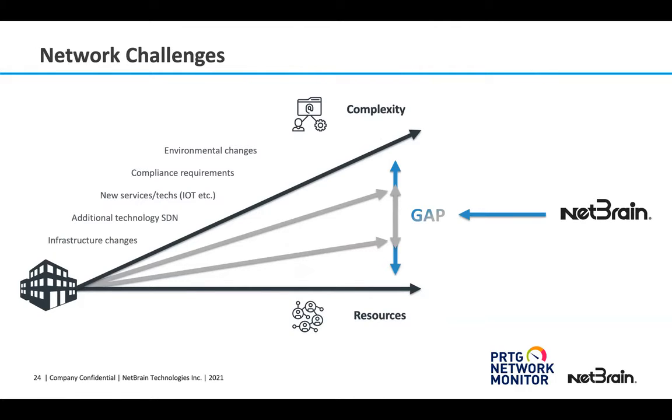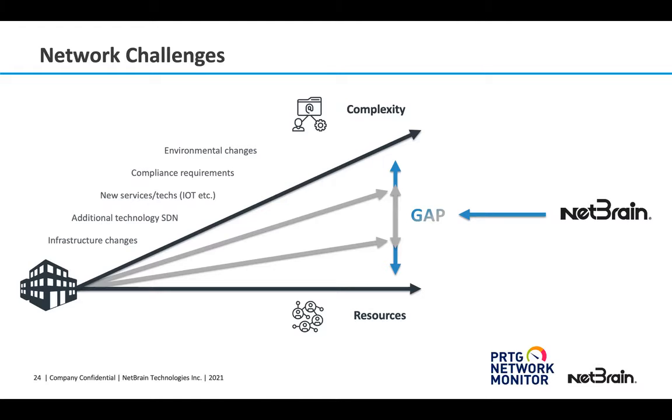So what I want to do now is just have a quick look at the challenges that people have today with network operations and also security operations. So there's always this initiative to move to the latest technology. And in many organizations, the Internet of Things is exploding. And of course, compliance is more important than ever.